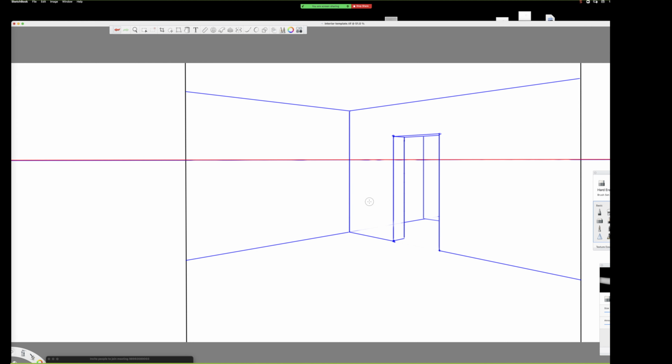Very good. And again, scale is important here, so we need to think about that. I would say maybe half the height of the doorway, so I'm looking over at the doorway there as I draw these things.